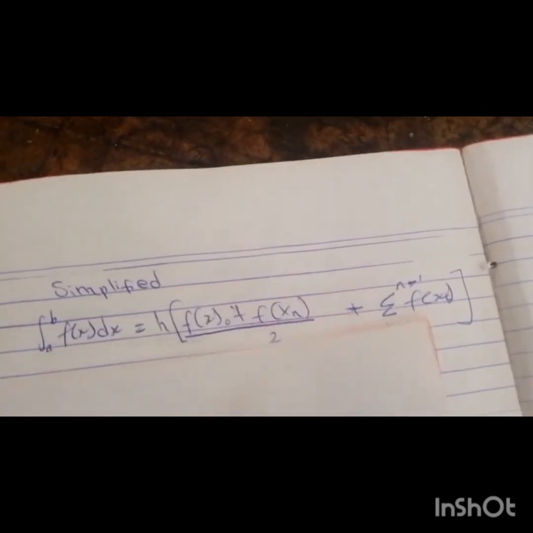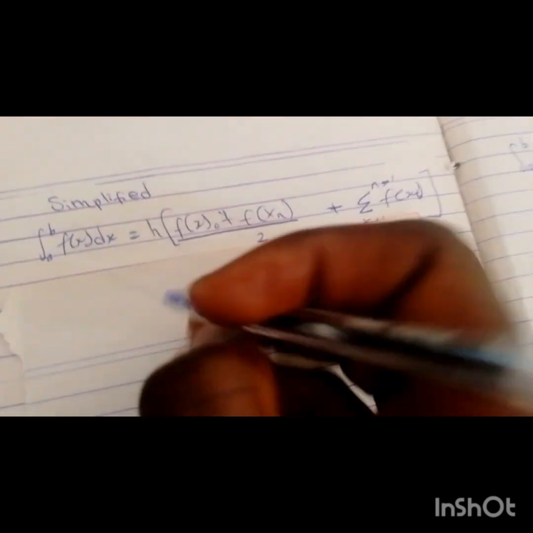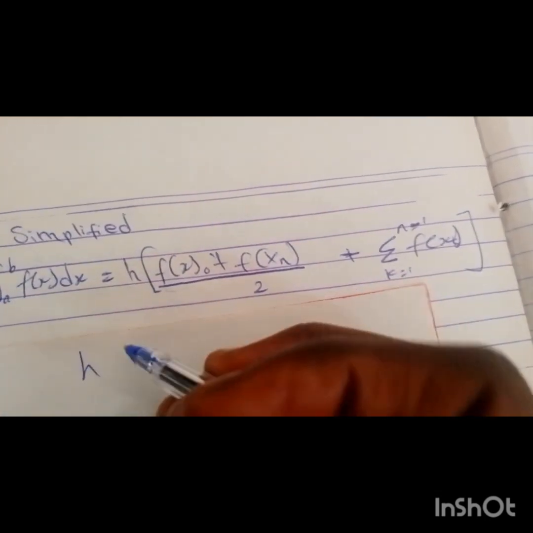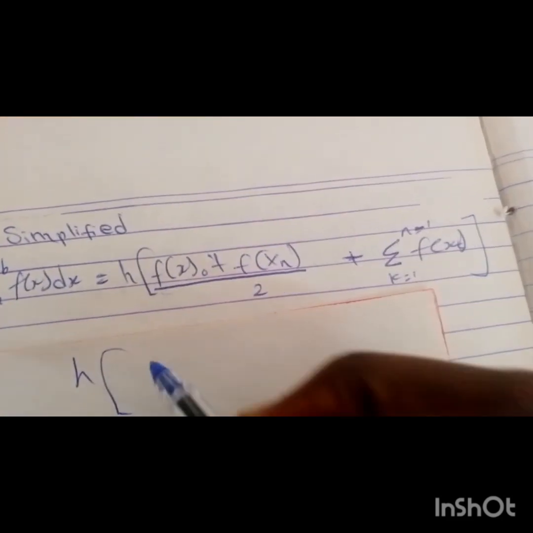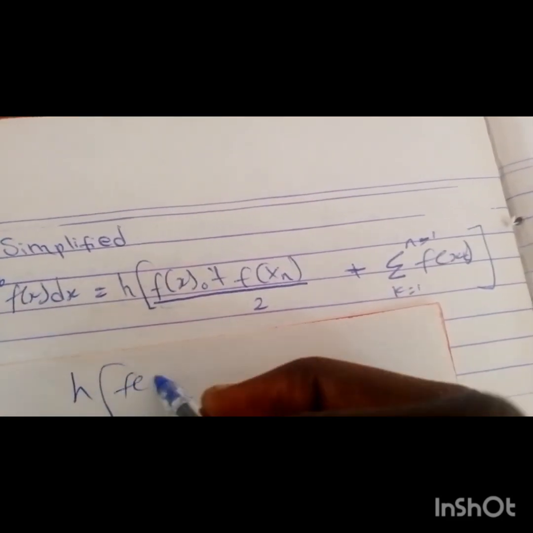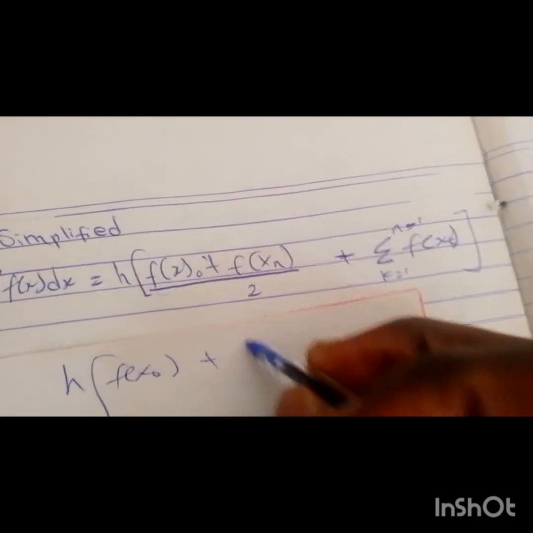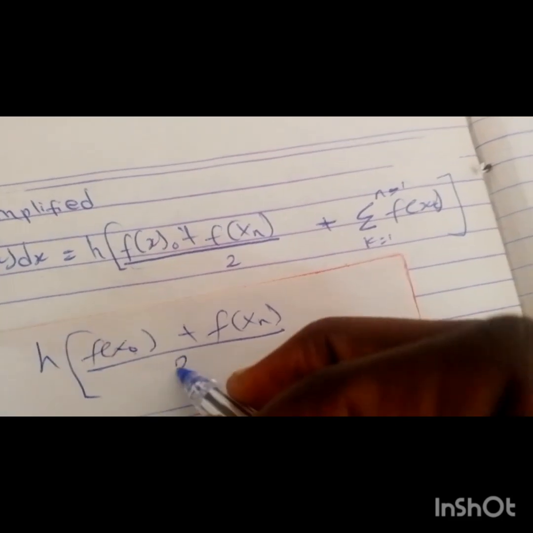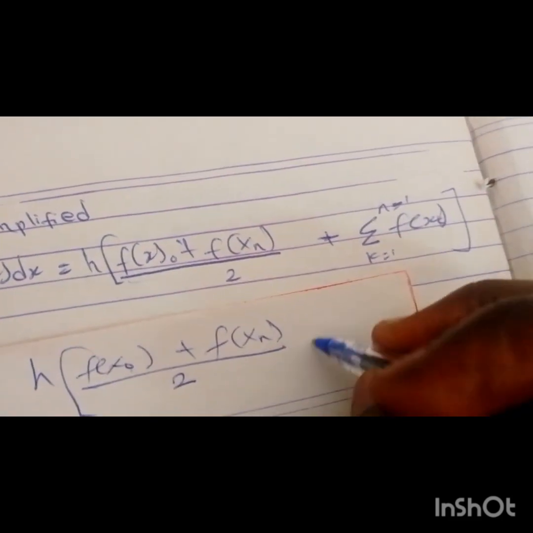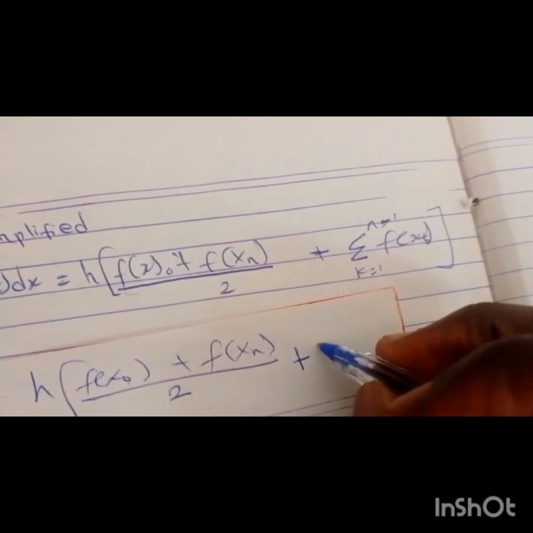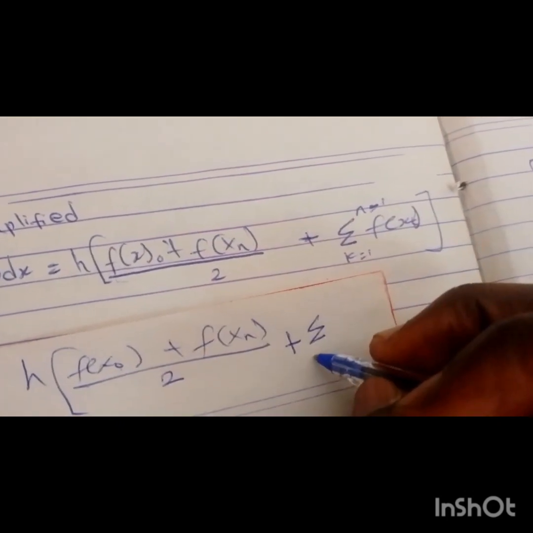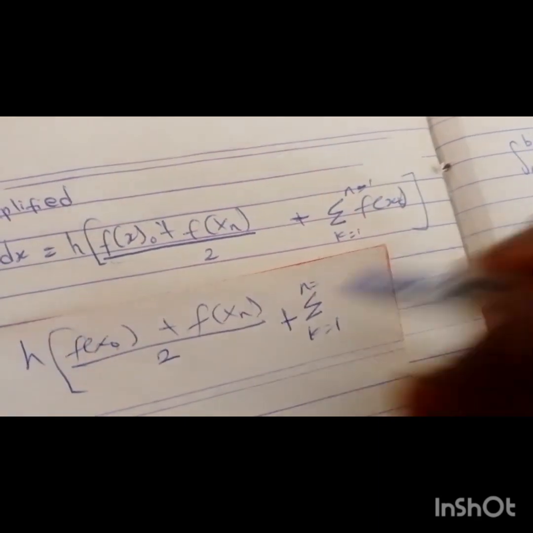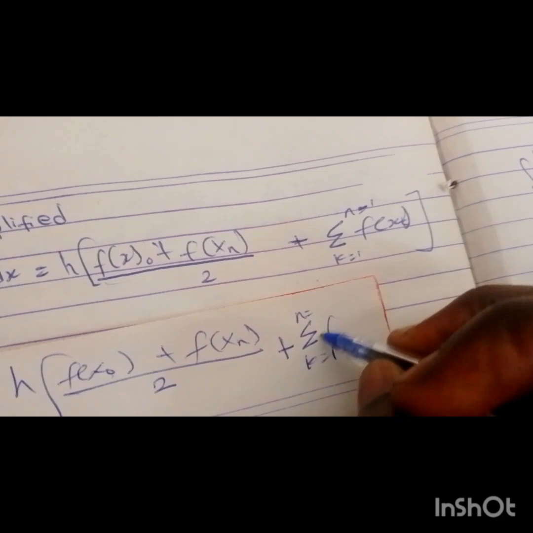So you can simply keep this formula in your mind. It's just like the other one. You say the area equals the height multiplied by the first, which is f of x naught, plus the last, f of xk, it doesn't matter, all divided by 2, and then you add up every other term, from k equals 1 to n, of the function.